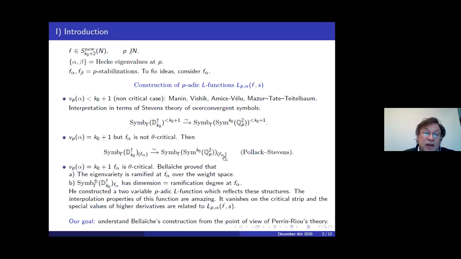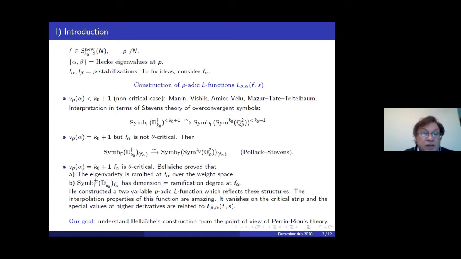Again, we can lift the classical modular symbol to an overconvergent one and construct a p-adic L-function which satisfies the prescribed interpolation properties.